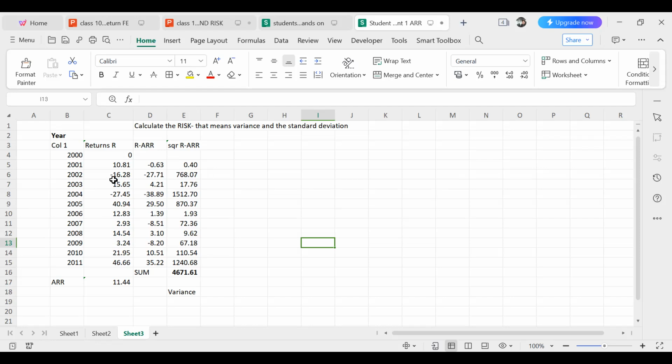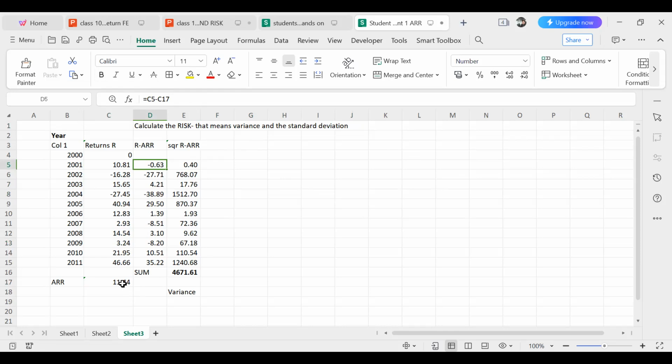So what is the first step? Last class we calculated the ARR, which is simply your dividend rate plus your capital gain yield. Today we are calculating the risk involved. Risk is interpreted in terms of variance and standard deviation. So what is the first step? First, you calculate the ARR, then take the deviation of the returns every year from the ARR.